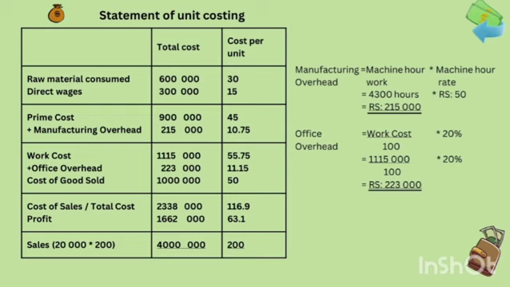It is the cost of sales. Profit of 16 lakhs 62,000 divided by 20,000, answer is 83.1. Add that and record it as 200 under the sales. This is how we prepare the unit cost.